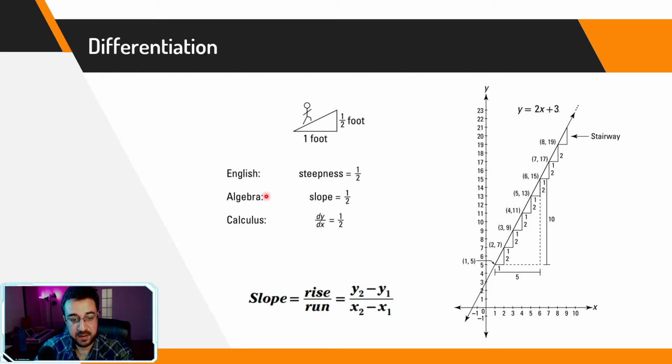In calculus, we call it the variation in y divided by the variation in x, an equivalent to the steepness. In calculus we call it the derivative. Derivative is basically the rate of change: how the rate is changing over y divided by how the rate is changing over x.